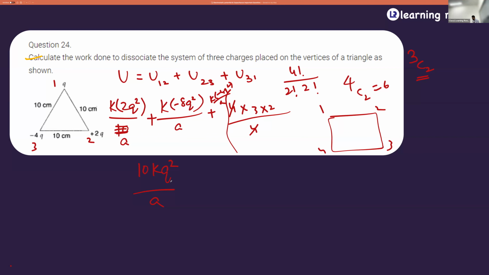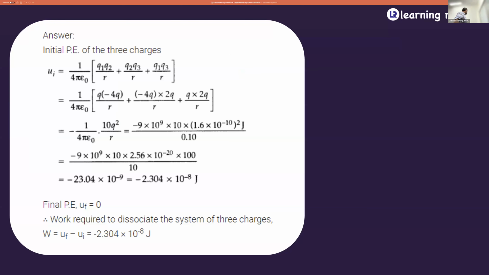Shall I proceed? Okay. I think they have not given us a value.